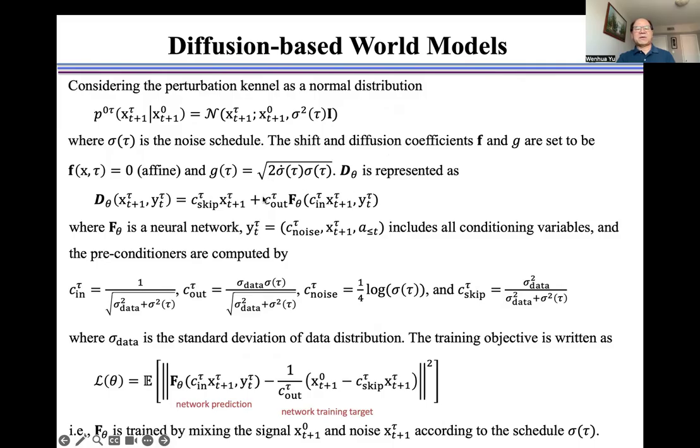D_theta is represented as here, where F_theta is a neural network, y_t^tau includes all conditioning variables, and the preconditioners are computed from these formulations, where sigma_data is the standard deviation of the data distribution. The training objective is written as here. The first term is a network prediction. The second term is a network training target.